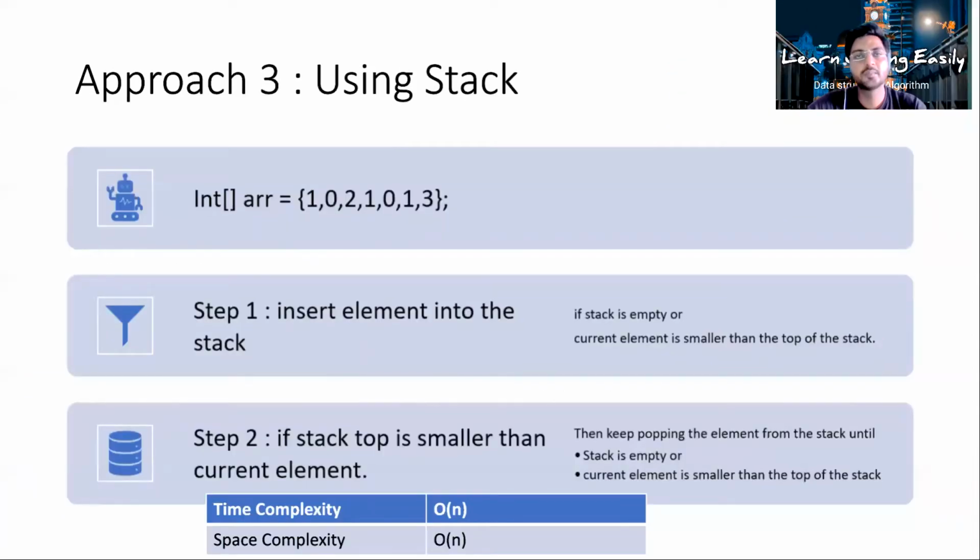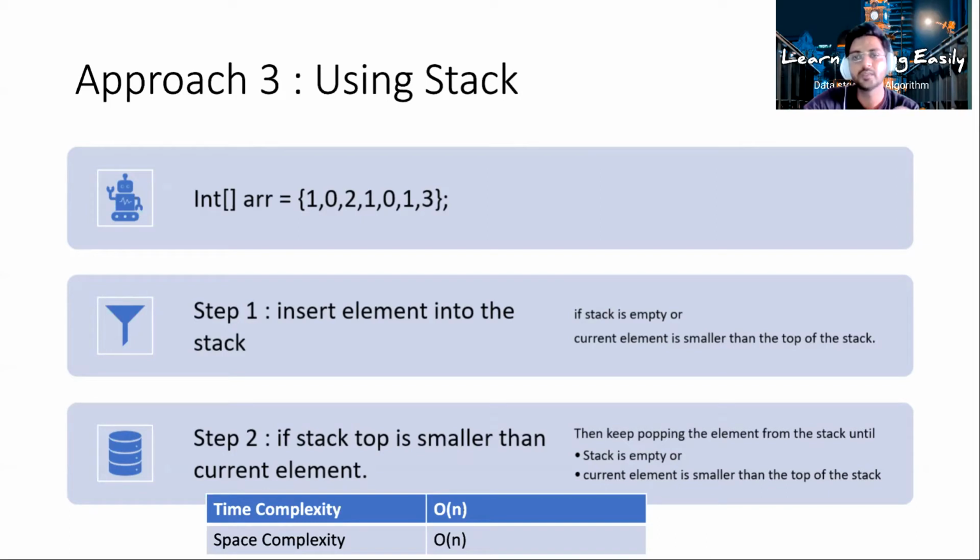Now, in that approach, there are two steps you need to keep in mind. Step one is that you need to insert the element. Before inserting the element, you need to check two conditions. If the stack is empty, just insert the current element into the stack. If the stack is not empty, you need to check if the current element which we want to insert is smaller than the top of the stack.